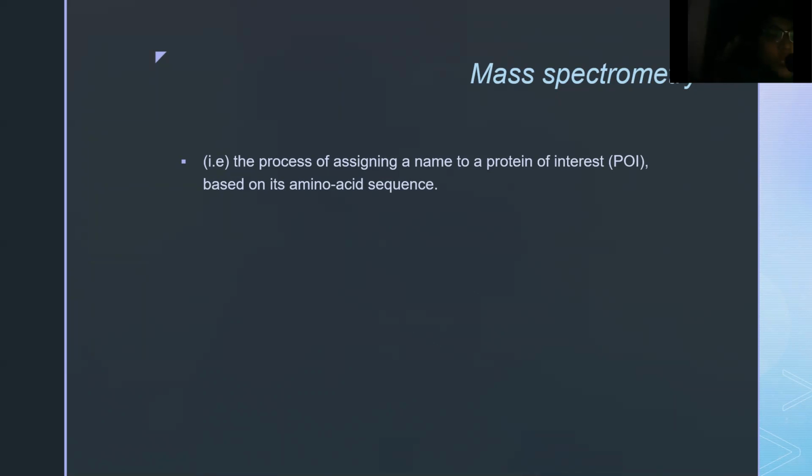Further, protein characterization may include confirmation of the actual N-terminus and C-terminus of the protein of interest, determination of sequence variants, and identification of any post-translational modifications present.